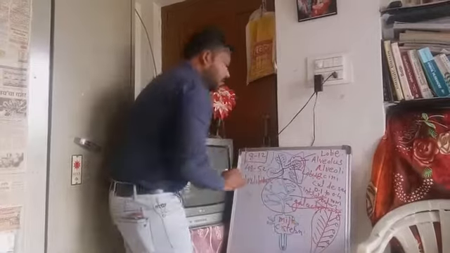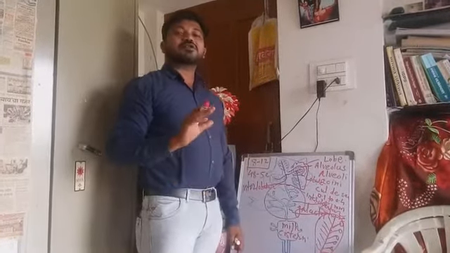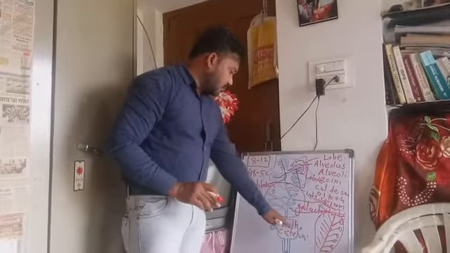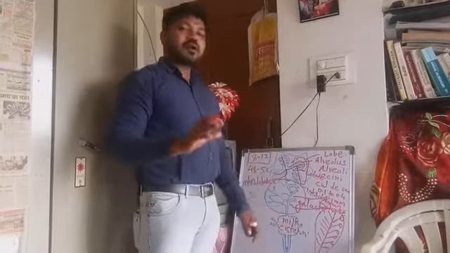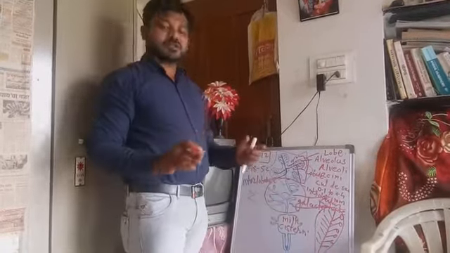This is called a milk cistern, or udder cistern, or it is also called a gland cistern.